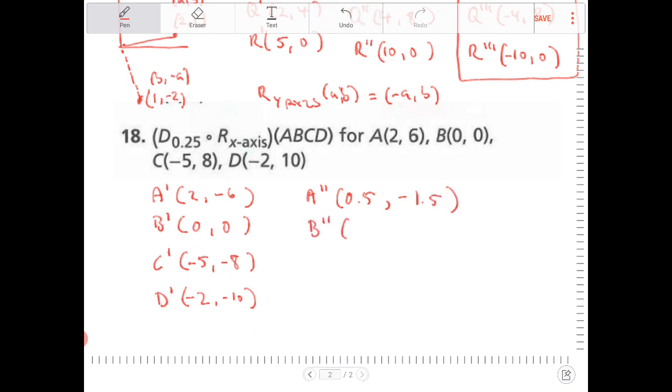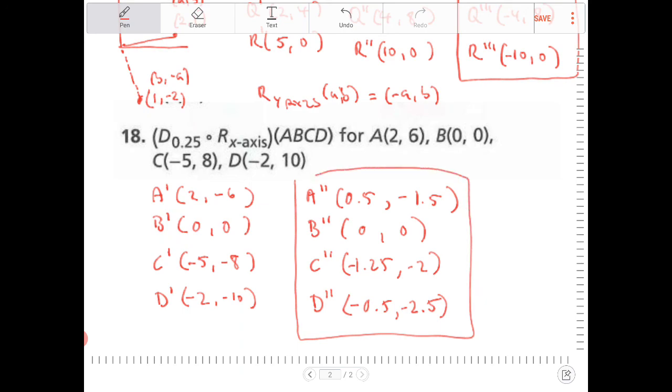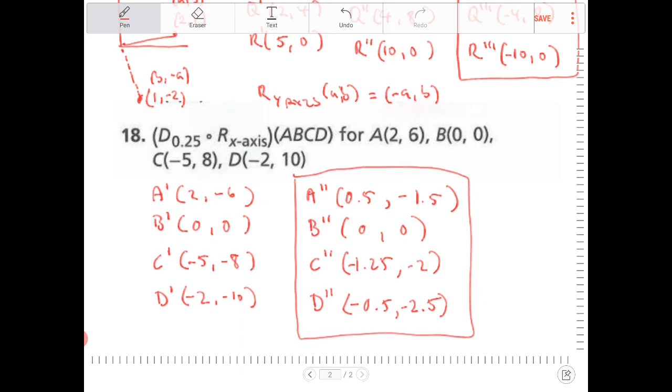B double prime will be 0, 0. C double prime will be negative 1.25, comma negative 2. And D double prime, that will be negative 0.5, comma negative 2.5. And that's the final answer for that. And that's it.